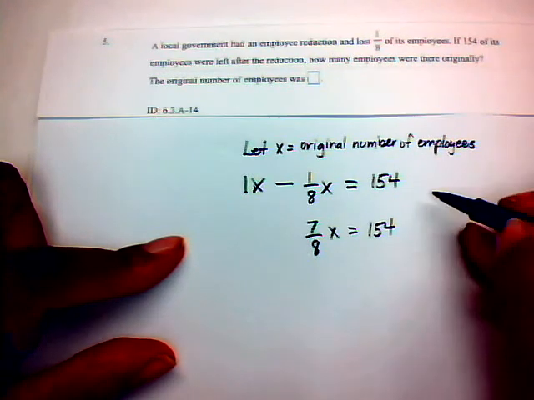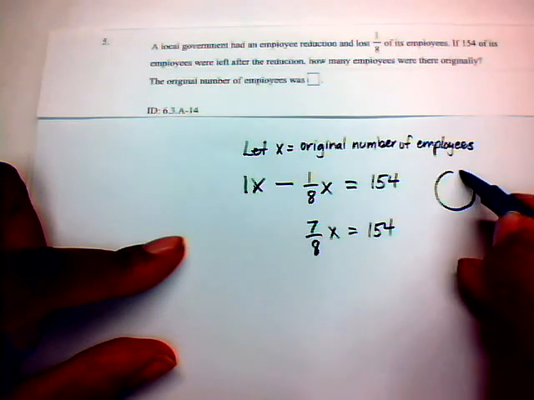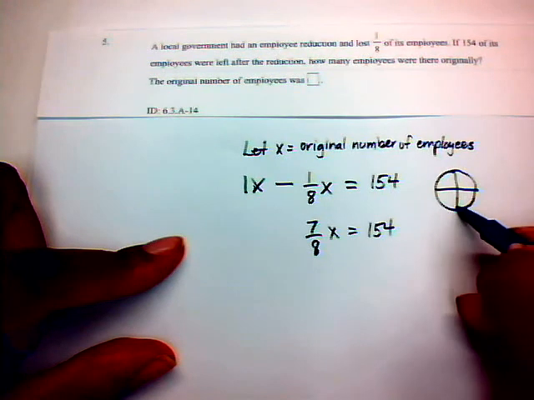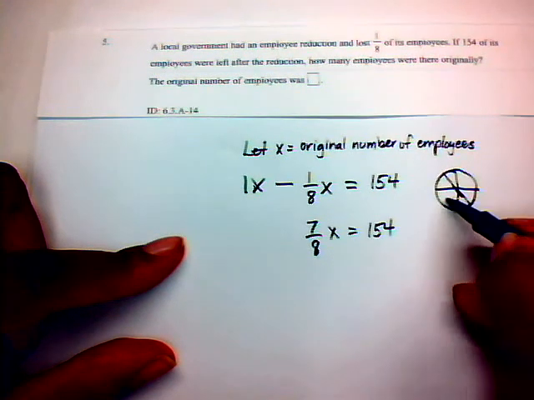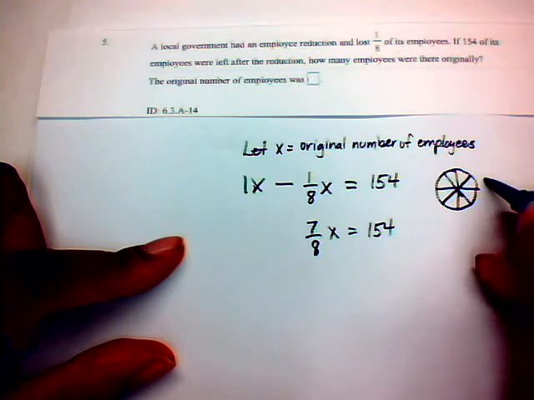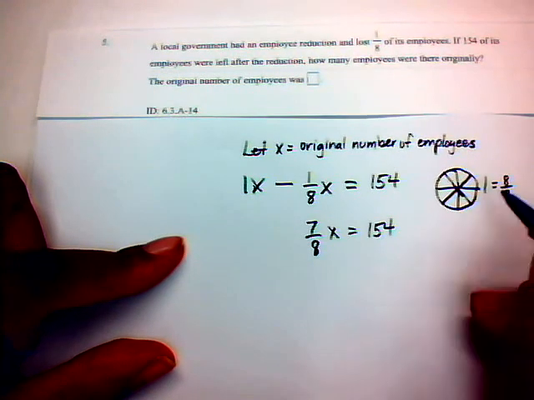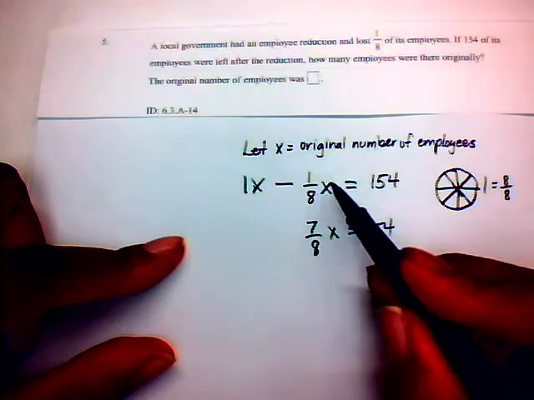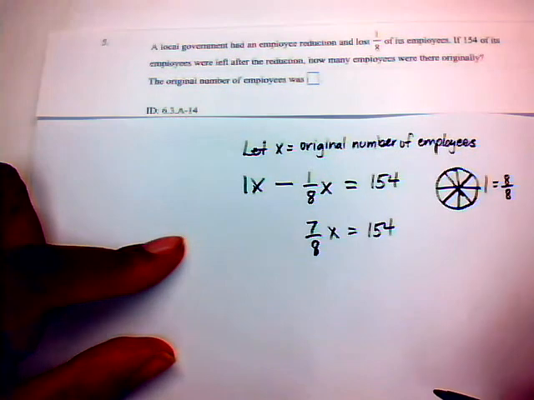Okay. Now you have to think of 1 whole again. Split this up in eighths. How many pieces do you have? There are 8 of them. So that's why 1 whole is 8/8. And then I subtracted the 8/8 minus 1/8 to get that 7/8.